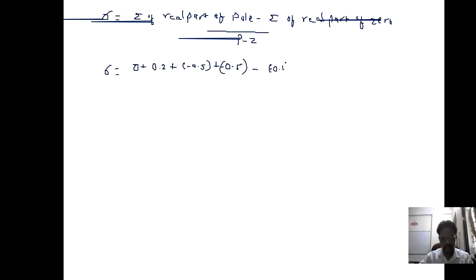Divide by P minus Z, that is 4 minus 1, which is 3.